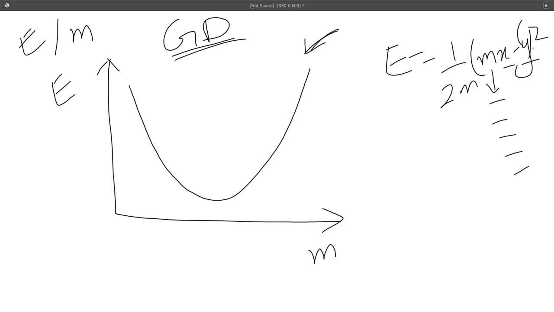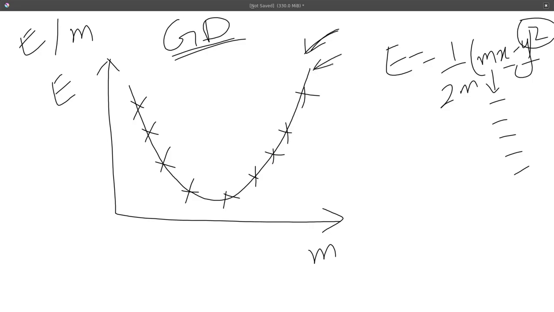The reason for this is the square, right? Squares give you this kind of arc, or this kind of parabola. So for different values of m, we are getting something like this. So when we plot, we get this line.